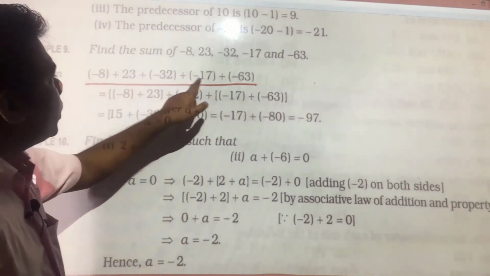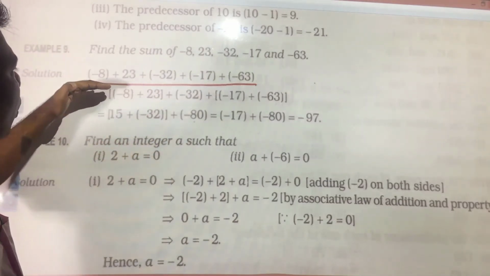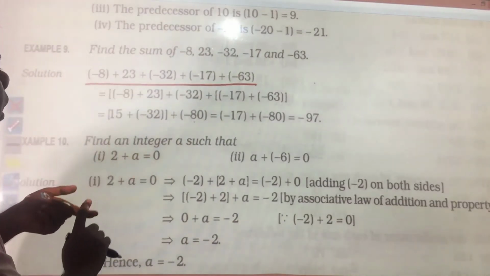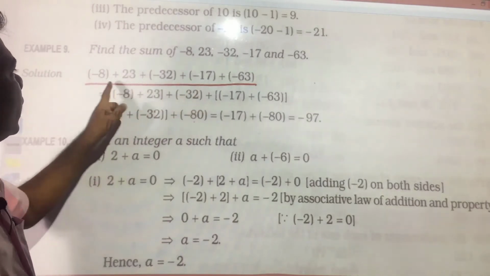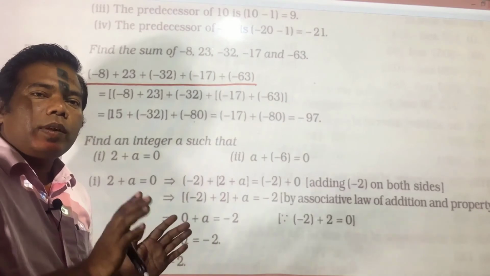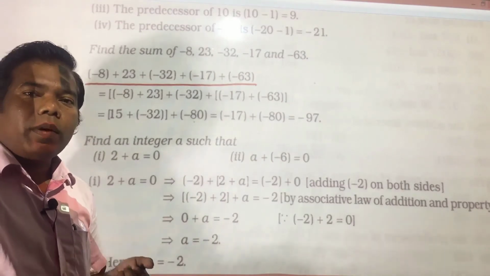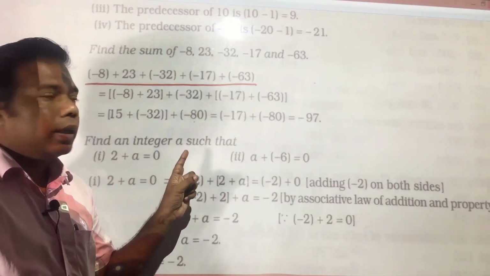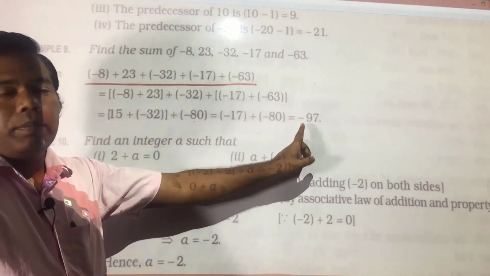In this type of question, what is required to be done? All the positive numbers are required to be written together, all the negative numbers are required to be written together, and then we need to see which one is bigger and which one is smaller. The smaller is subtracted from the bigger, and the sign will be that of the bigger number.